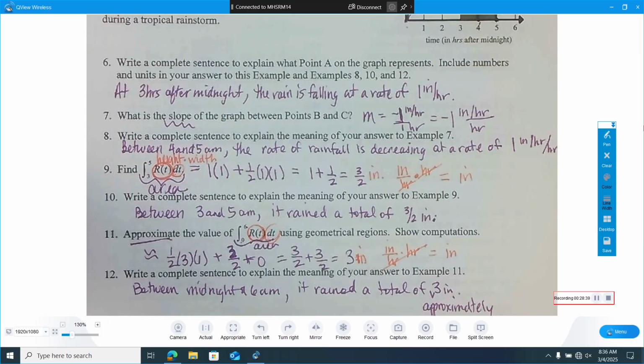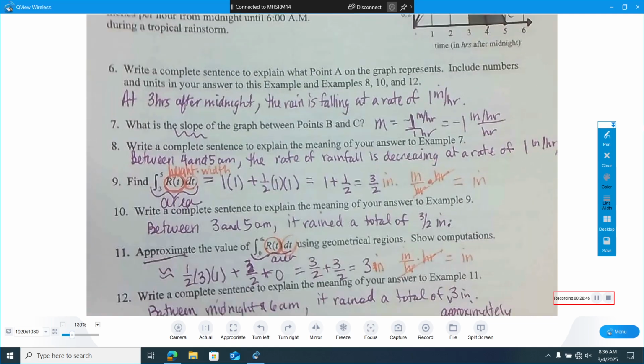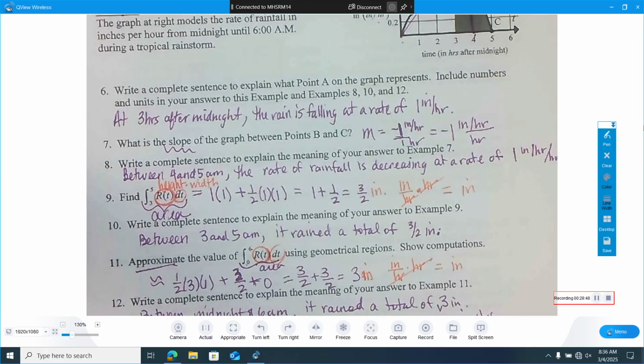Good. Hopefully that's clear. Really, I'm hoping that you understand the units, because that can make a world of difference. If we were to ask the average value of the function, I want to talk about that really fast.